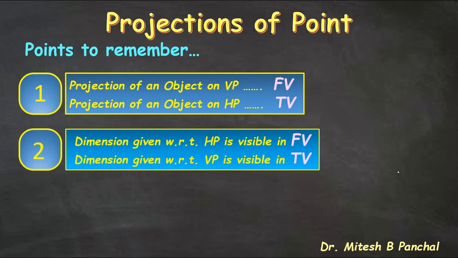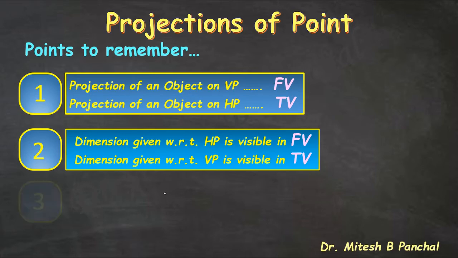Second point is related to dimension, and that is dimensions given with respect to HP is visible in front view, and dimension given with respect to VP is visible in top view. So the first point is related to projection of an object, and the second point is related to the dimensions of an object with respect to HP and VP.